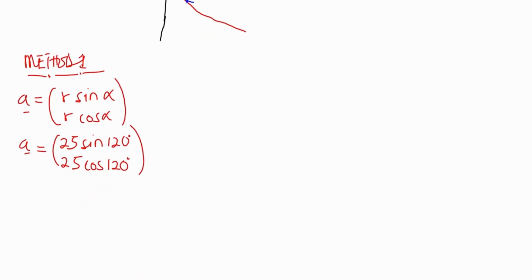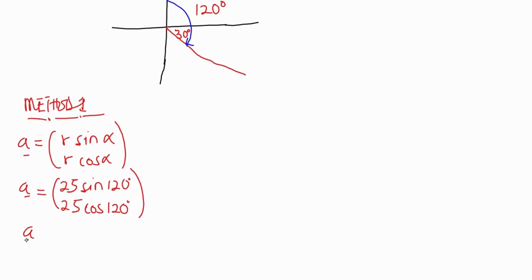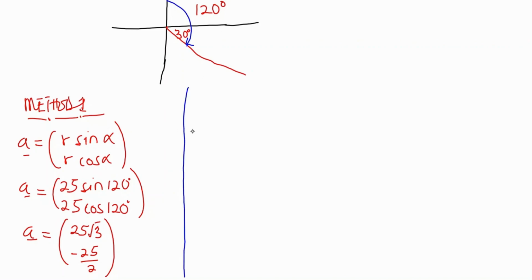So respectively, we can see that our vector E in component form is giving us 25 sine of 120, which should be 25 square root of 3 over 2, and then 25 cos of 120 is giving us minus 25 over 2. So this is the vector E in component form.